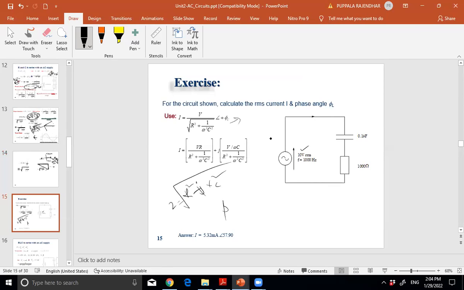How to find the angle? Tan inverse of imaginary by real, which is 1 by omega C by R, XC by R. If you substitute these values, you will get the angle.